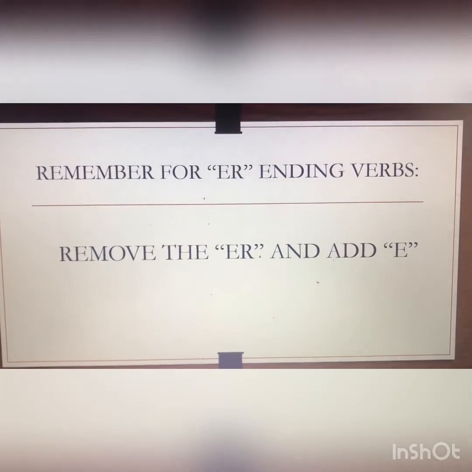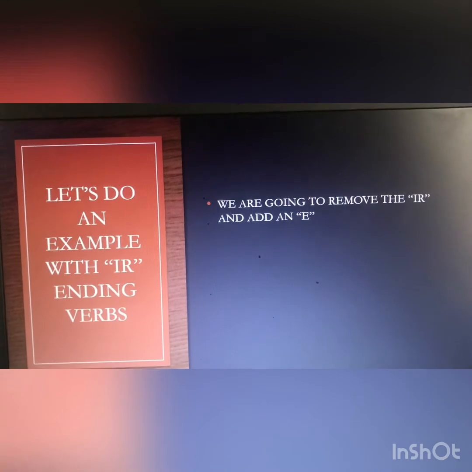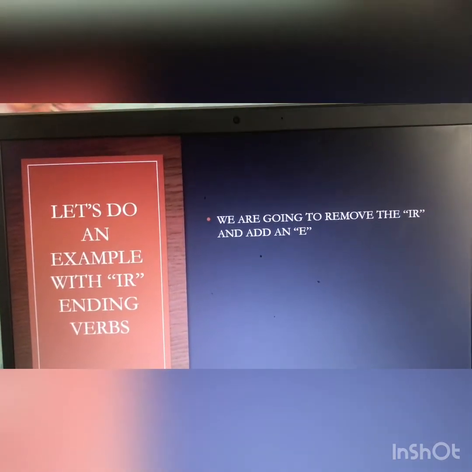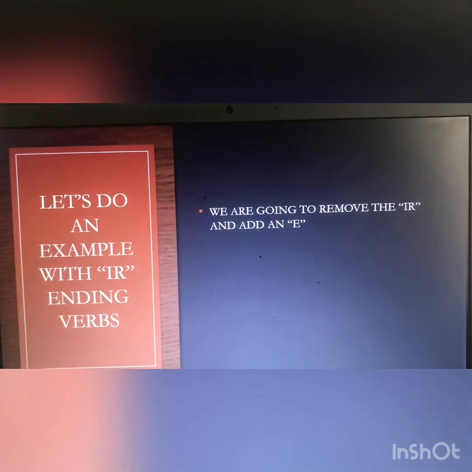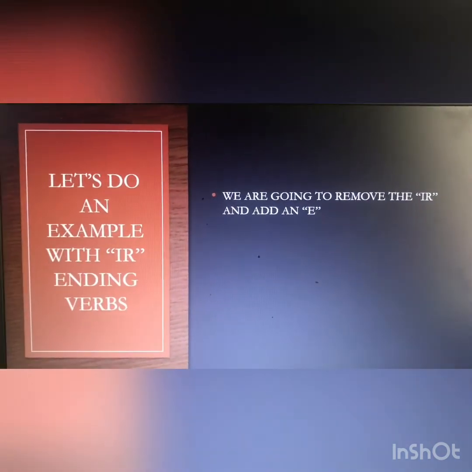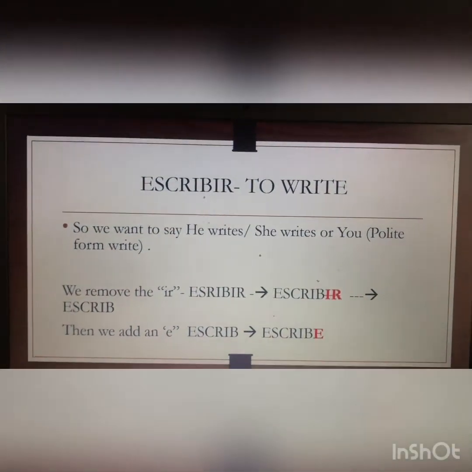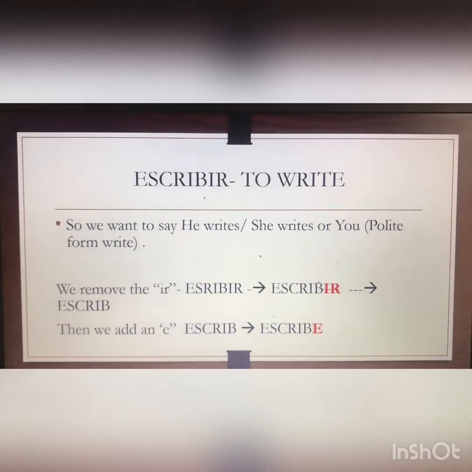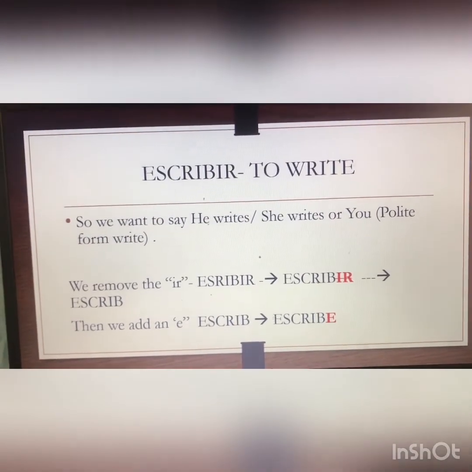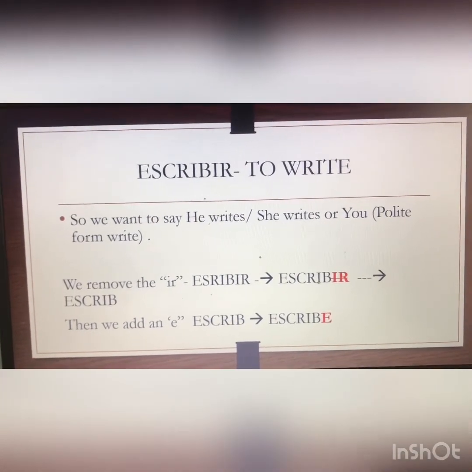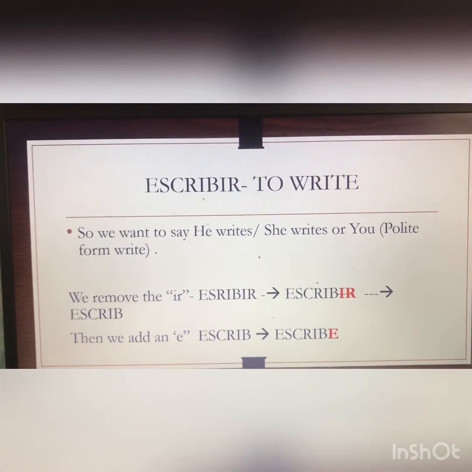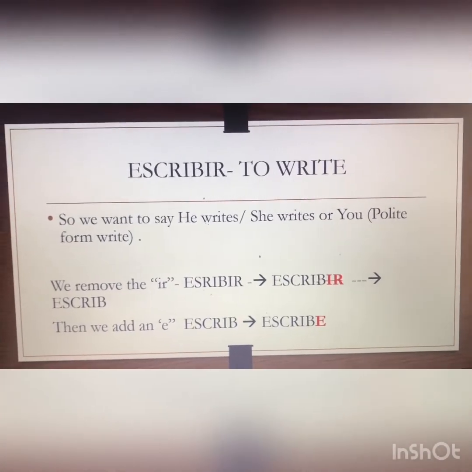Bueno, ahora let us do an example with an IR ending verb. For IR ending verbs, we're going to remove the IR and then we're going to add an E. Alright? So let's do escribir. Now, el verbo escribir significa to write. So the verb escribir means to write. So we want to say he writes, she writes, or you, the polite form, write, right?